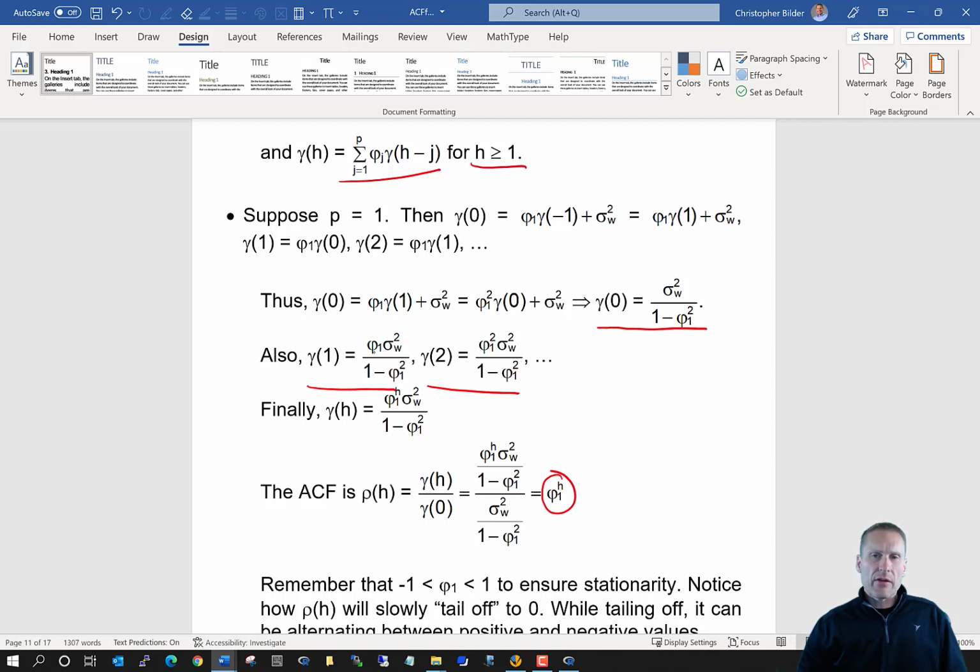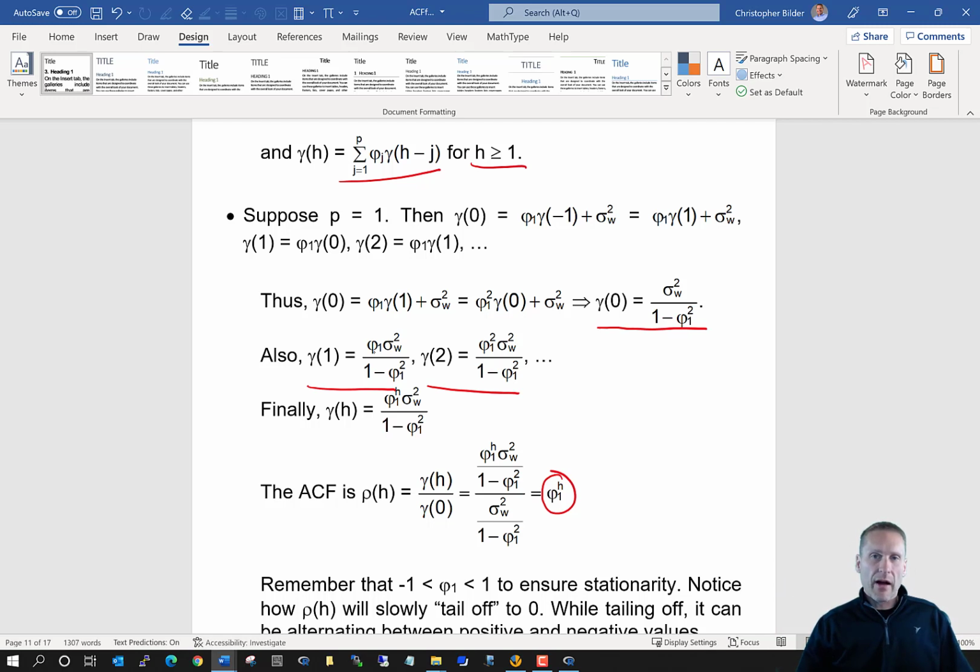A key thing to realize is that because of the constraints on phi 1, the autocorrelations are going to start tailing off to 0, because of the possible values for phi 1 and we're raising it to the h power.